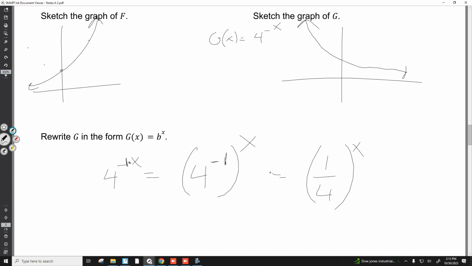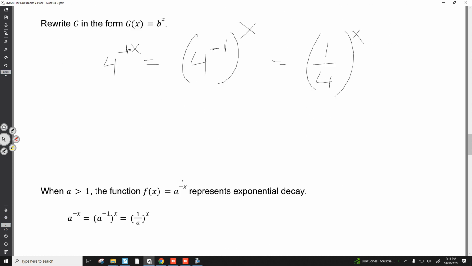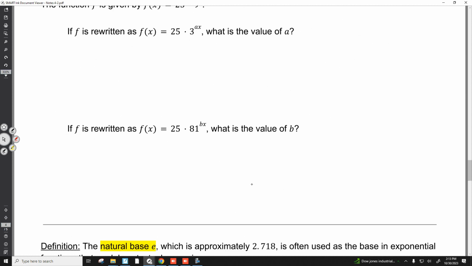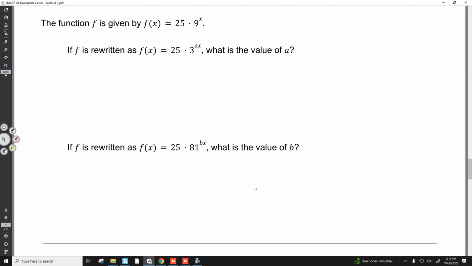Reflecting over the y-axis is equivalent to changing your function from a growth function to a decay function. Cool? Now, we won't specify horizontal dilations, translations, but we will test that you understand this property.